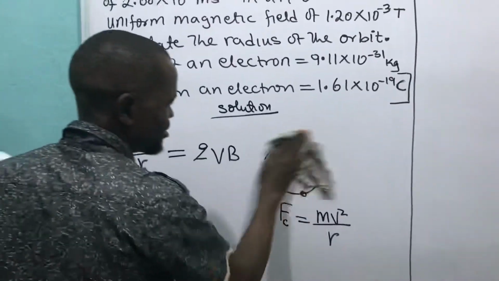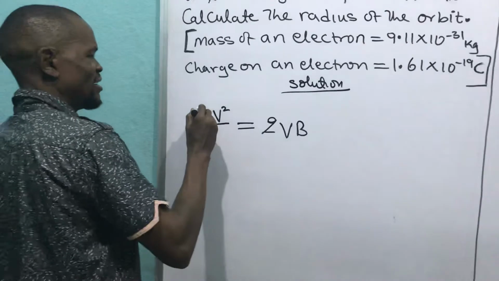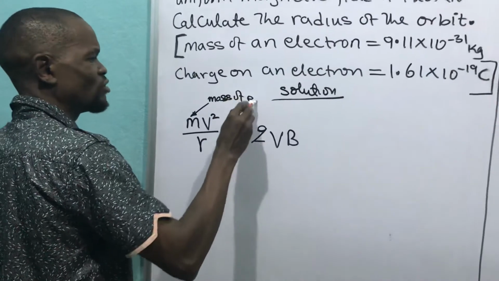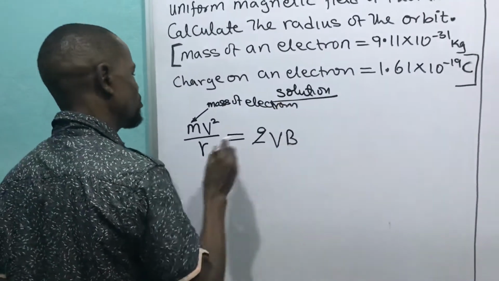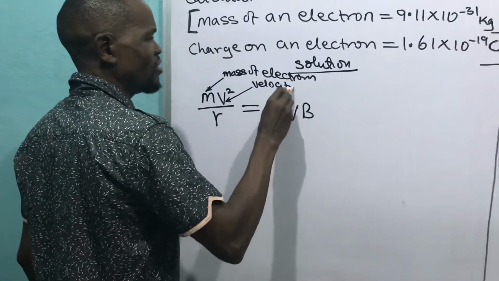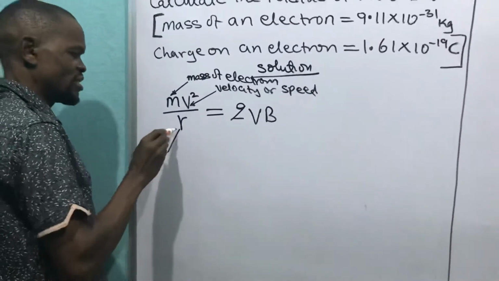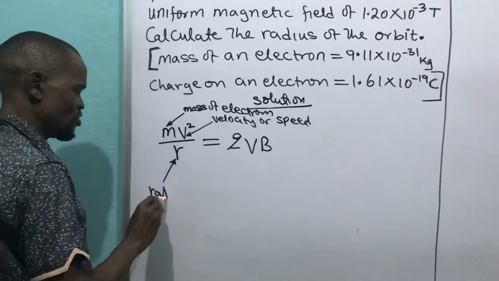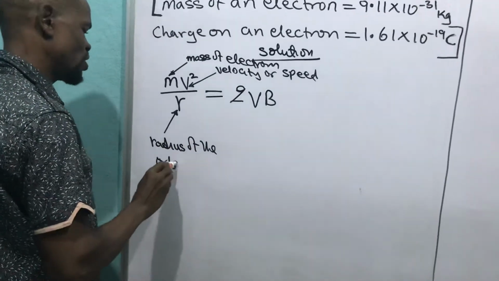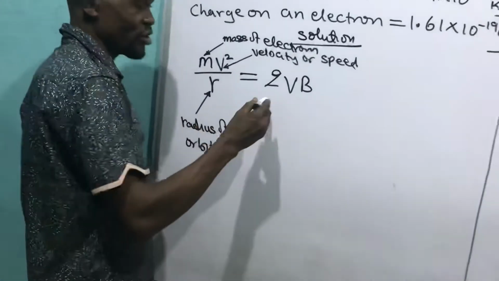Looking at this, m is the mass of the electron that is running, v is the velocity or speed of the electron, and r is the radius of the orbit in which the electron is running.